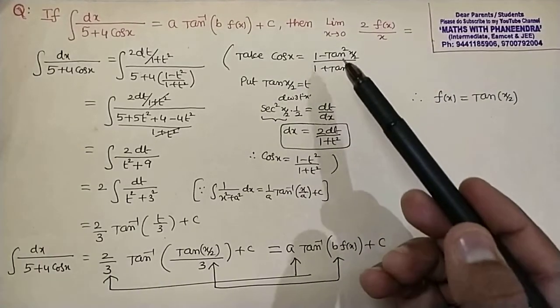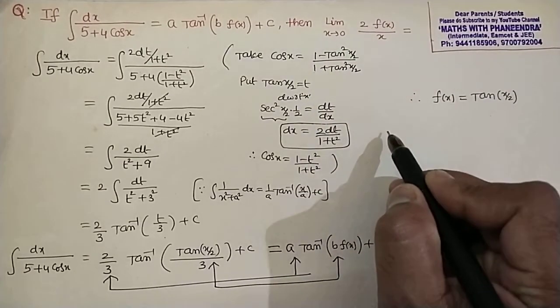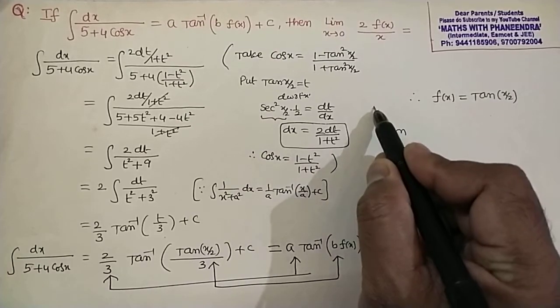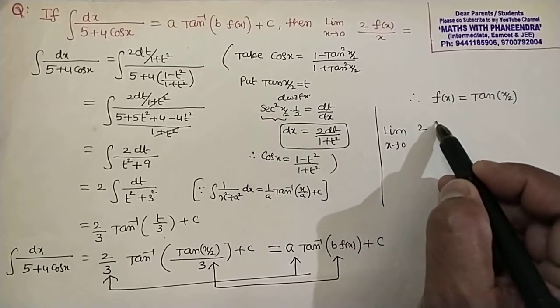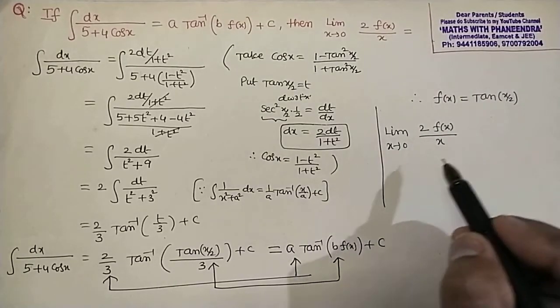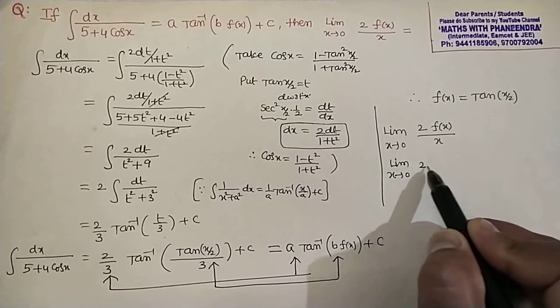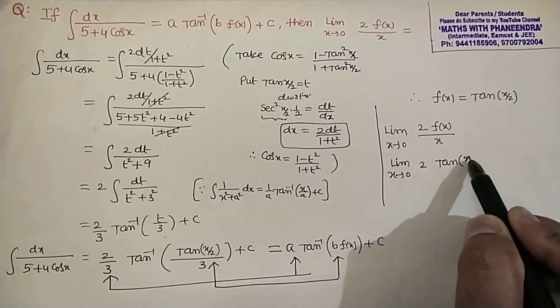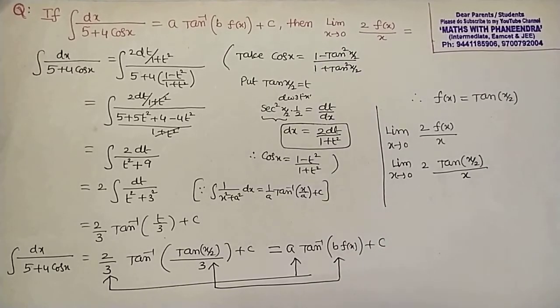So they are asking to calculate limit x tends to 0, 2 into f of x by x now. Limit x tends to 0, 2 into f of x by x is equal to limit x tends to 0, 2 into tan x by 2 divided by x.